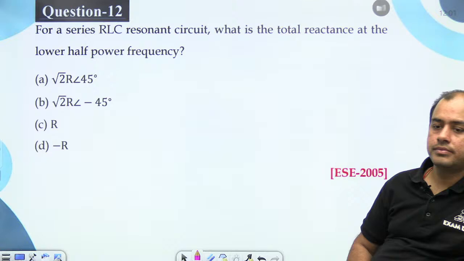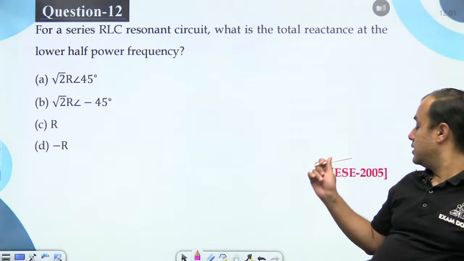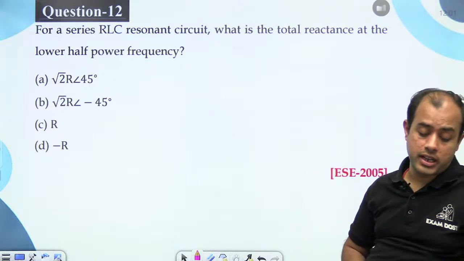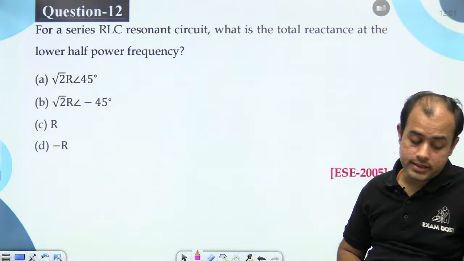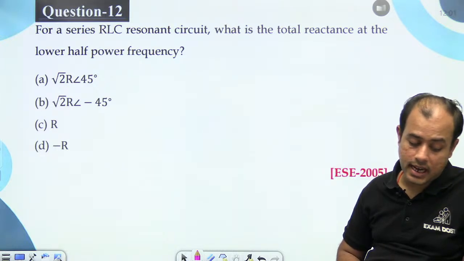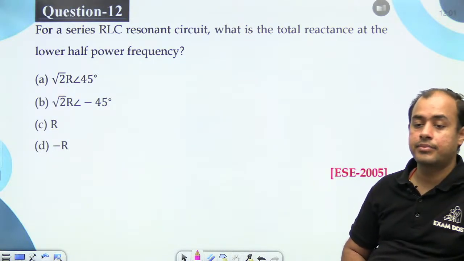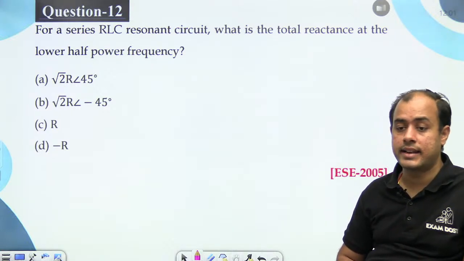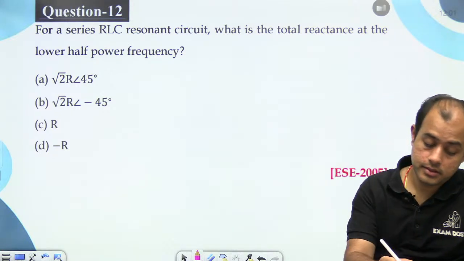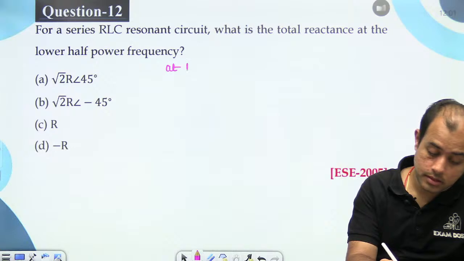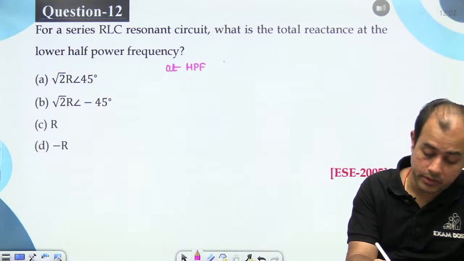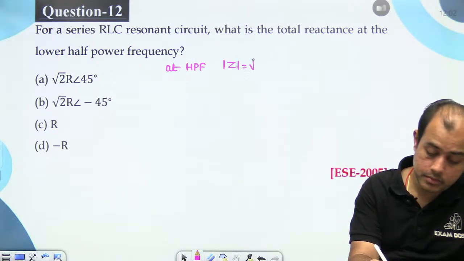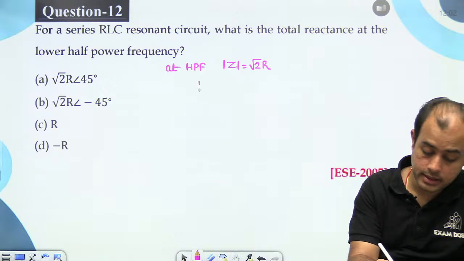चलिए, ESE 2005 for a series RLC, what is total reactance at half power frequency? At half power frequency, what is the total reactance? So beta, at half power frequency, this is the condition.